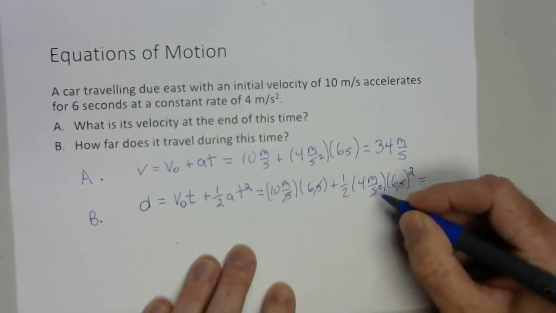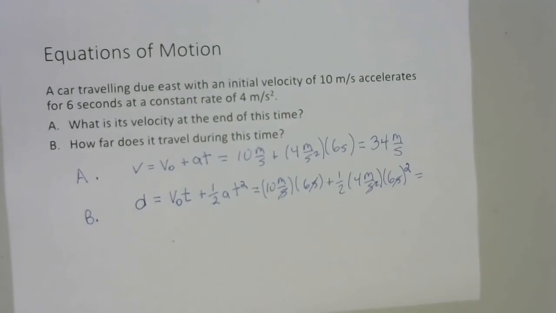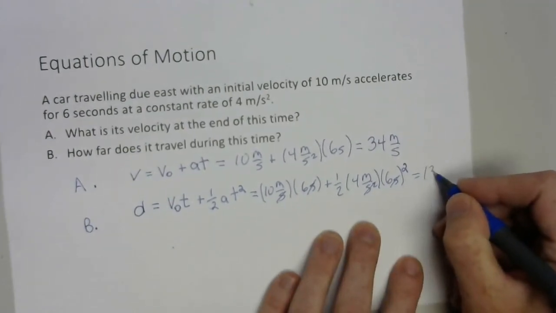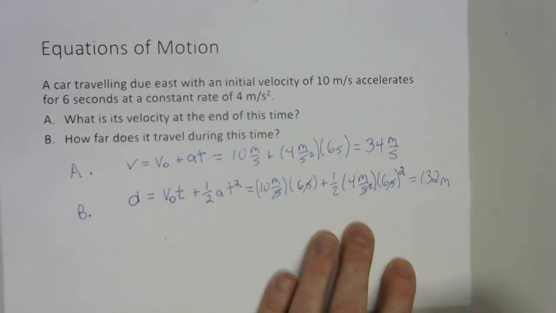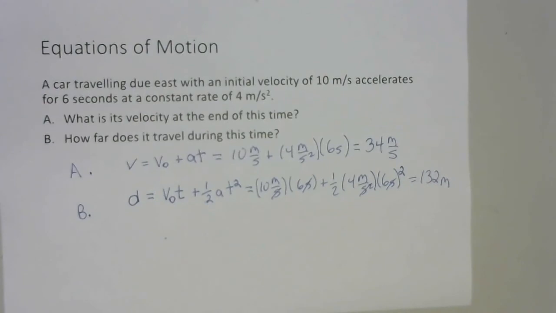But then the seconds and the seconds squared end up canceling. You run that through your calculator. So 10 times 6 is 60, plus 1/2 times 4 times 6 squared will give you 132 meters. And that would be the total distance traveled.